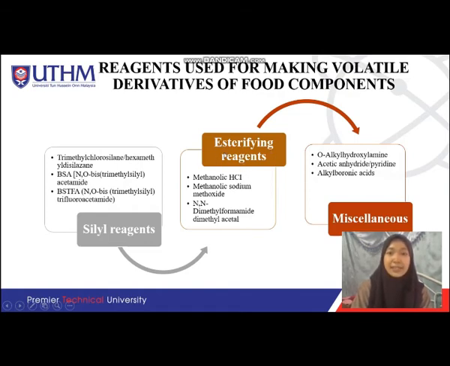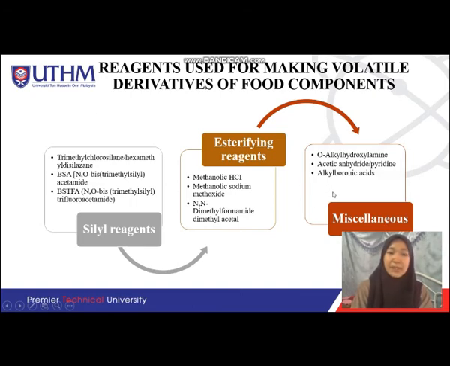Second one is the esterifying reagent that can be used during the esterification process. We can use methanolic HCl, methanolic sodium methoxide, and N,N-dimethylformamide dimethylacetal. This one can be used for food constituents such as fatty acids, amides, and amino acids. The last one is the miscellaneous.